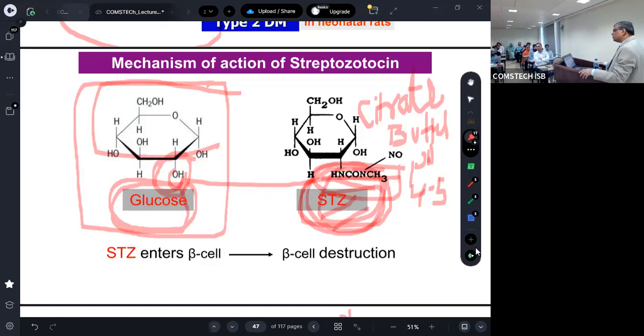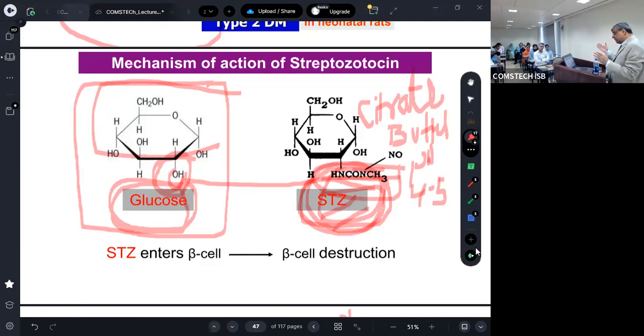So if you do it this way, you can get a good success rate, because you're spending a lot of energy, a lot of money, a lot of time, and you're hoping to get results. When making diabetes, as I told you, use the minimum number of animals. If you use 20 animals, give the injection, and only 50% develop diabetes, 50% is useless.